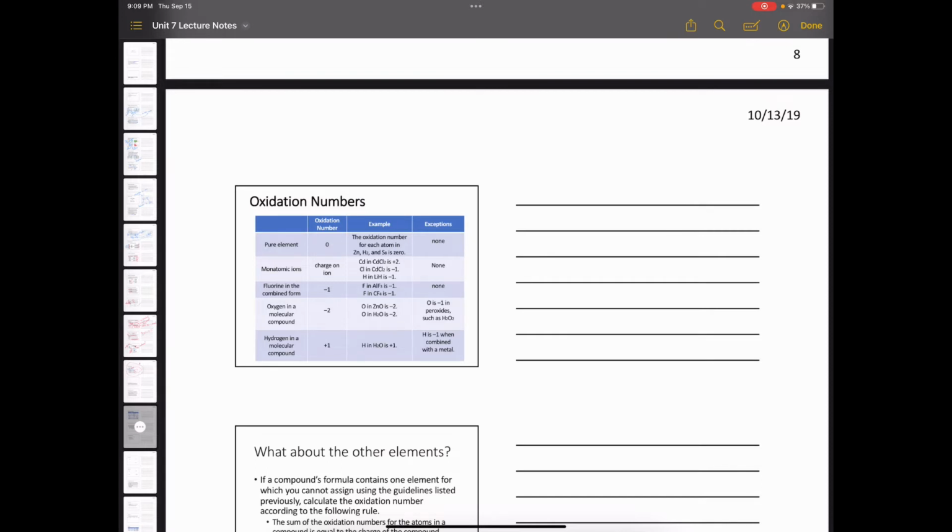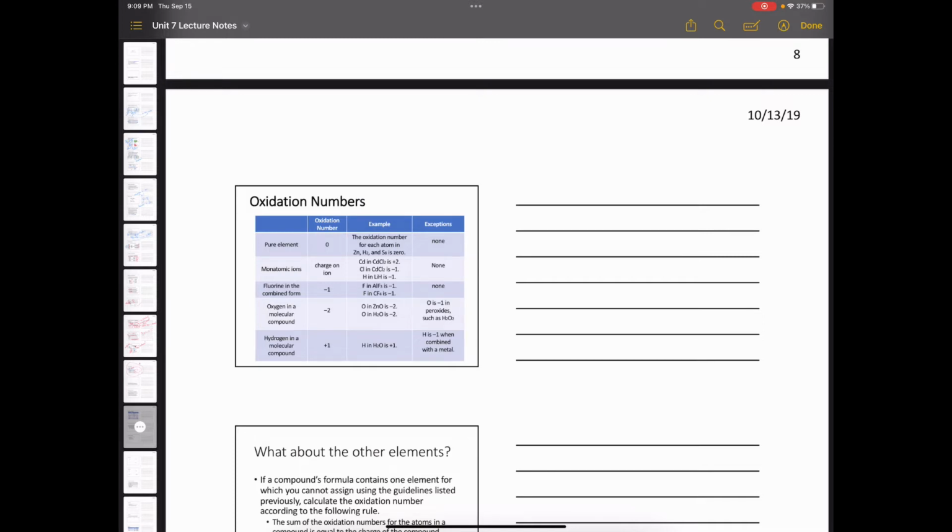Once you're able to calculate the oxidation number for all the elements in the equation, you're basically halfway there to identifying your reducing agent, oxidizing agent, and so on. Okay, so here are the rules.